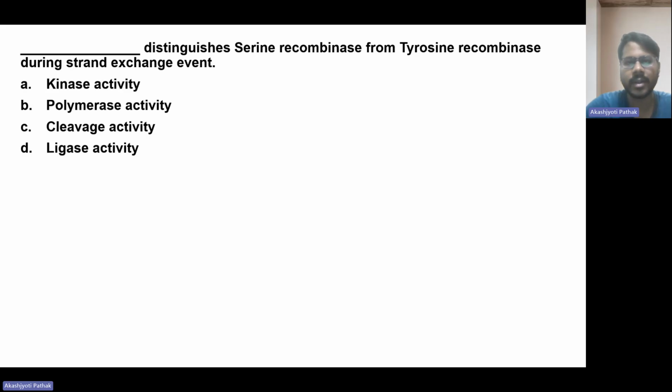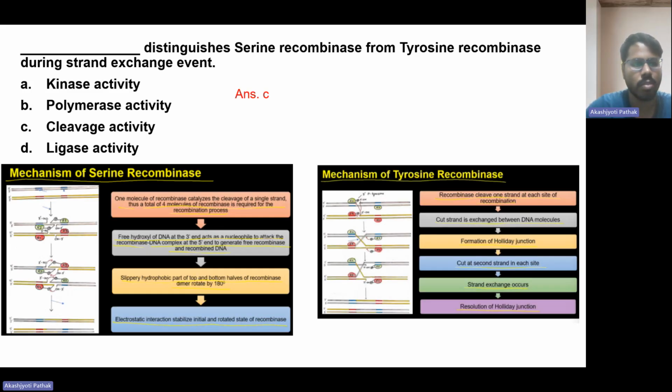So as you had seen in the figure also, serine recombinase was creating breaks in all the four DNA strands. Okay, in all the four DNA strands, there was a cleavage. While tyrosine recombinase was creating breaks in only one of the strands of each DNA molecule. Okay, so that is why the answer is cleavage activity.